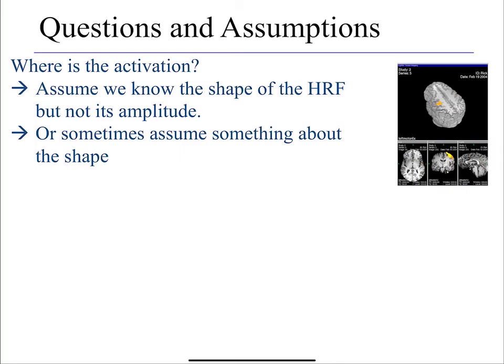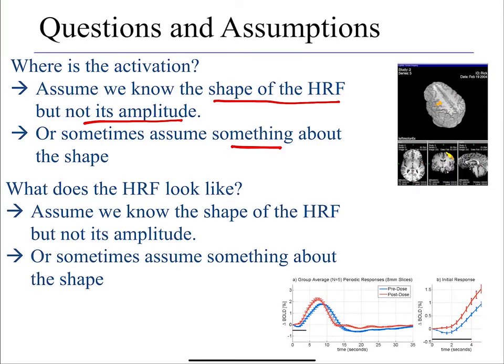But it turns out that the best design depends on the question you're asking. For example, you might ask, where is the activation? So we assume we know the shape, but we don't know its amplitude. Or sometimes we know something about the shape. On the other hand, you may already know where you expect the activation. For example, you're doing memory encoding, and you're interested in the effect in the hippocampus.